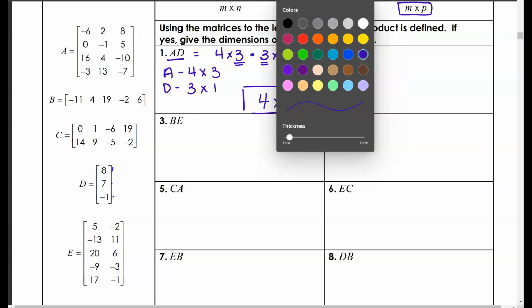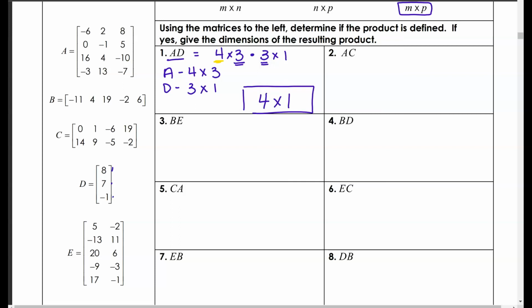Okay, so remember, it's always whatever's on that outer side, that 4 and this one. And so can we do it? Yes. Okay. Now I'm going to have you try a couple of these. Let's try AC. For AC, we have a 4 by 3, which is A, times C, which is a 2 by 4.